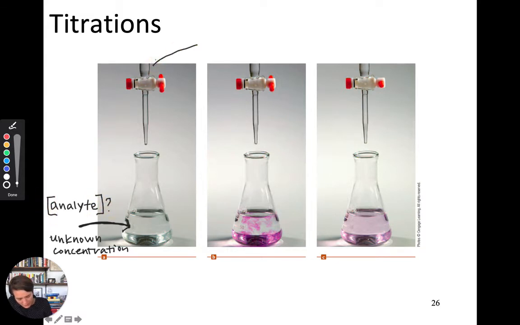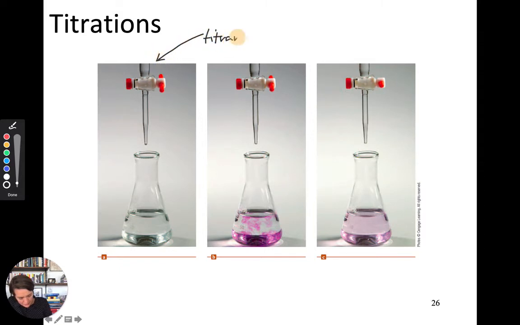In this burette, this is called a burette, you have your titrant. So that is going to be something of known concentration. So you have your unknown concentration and your known concentration. And what you're looking for is this equivalence point.